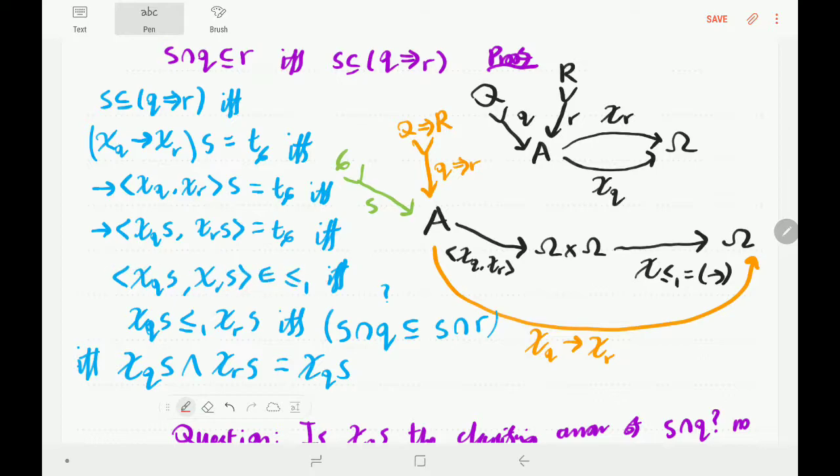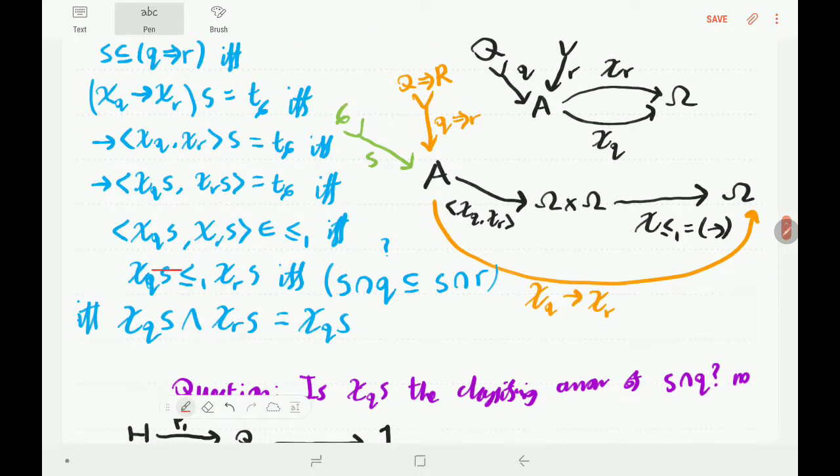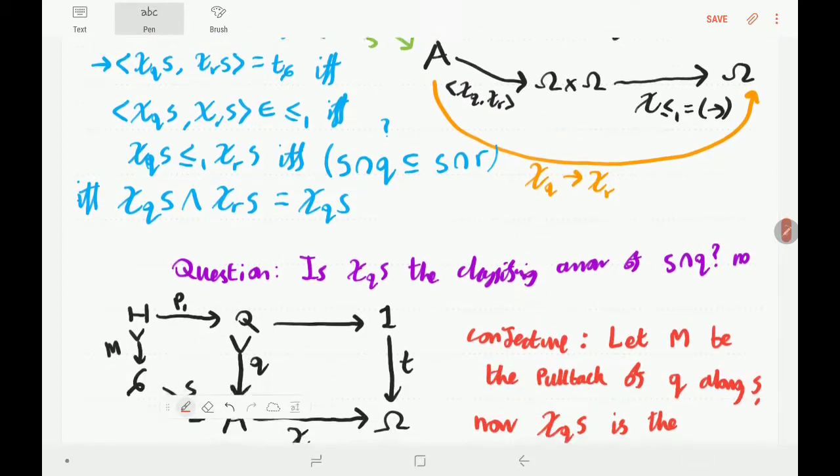Then, using how this material conditional arrow is defined as the classifying arrow of less than or equal to, we see that this is equivalent to saying that chi Q of S comma chi R of S is in less than or equal to, which is equivalent to saying that chi Q S is less than or equal to chi R S. And now the next step in logic is pretty huge.